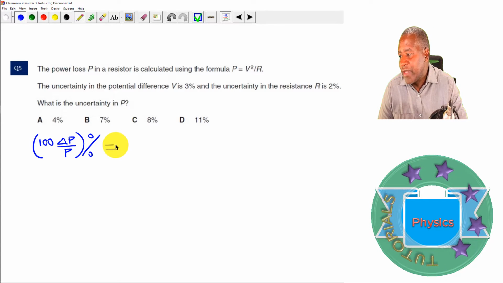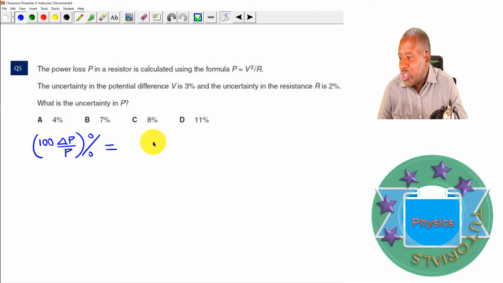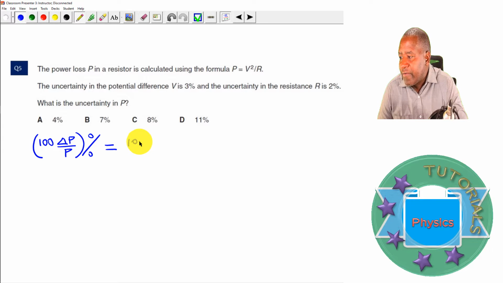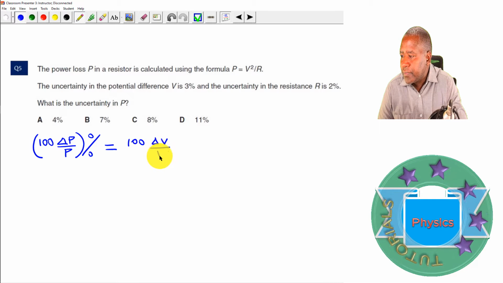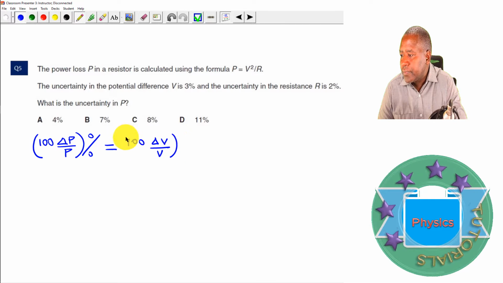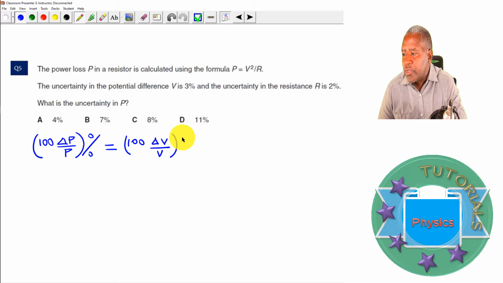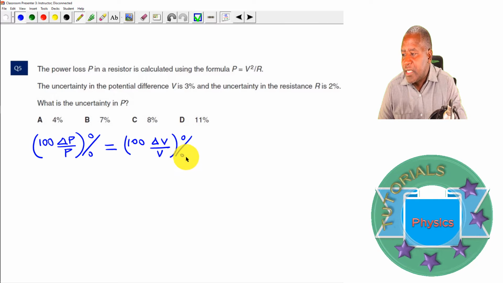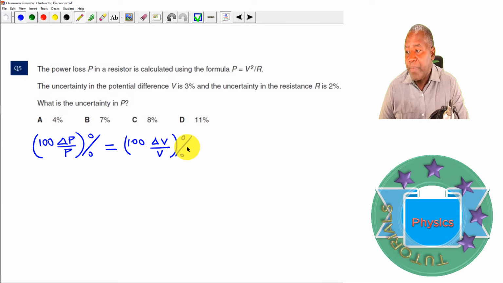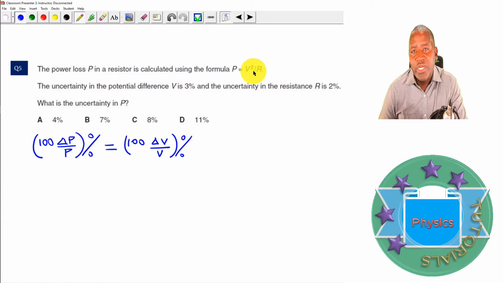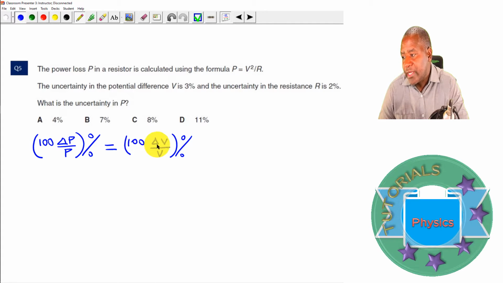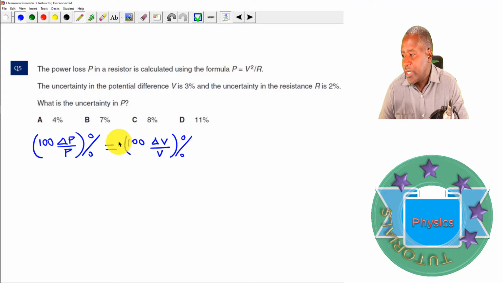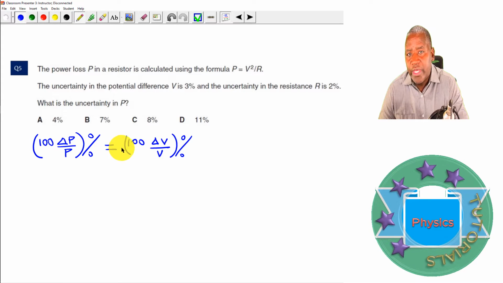It should be given by the percentage uncertainty in V plus another percentage uncertainty in V, which is similar to this. And instead of writing another expression like this, I'll just put 2 here.